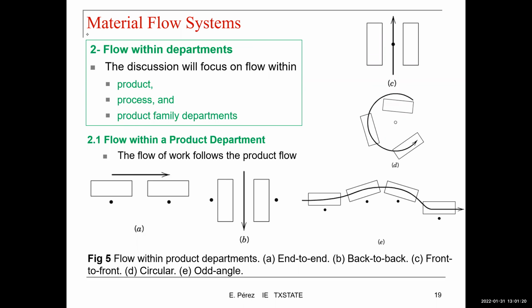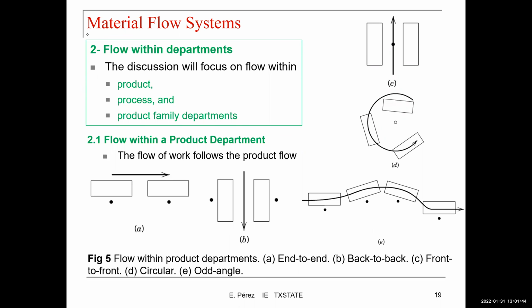D is circular. This looks more like a manufacturing cell in which you're moving from one station to the other until the product is completed. And this is an odd angle, kind of similar to what you're observing here, but now you have operators in each station. Here you have only one.